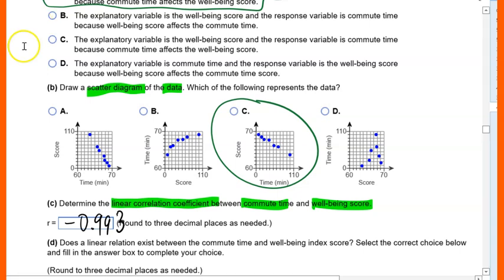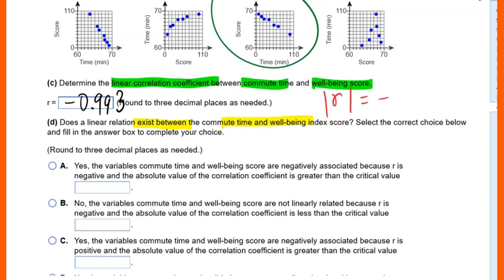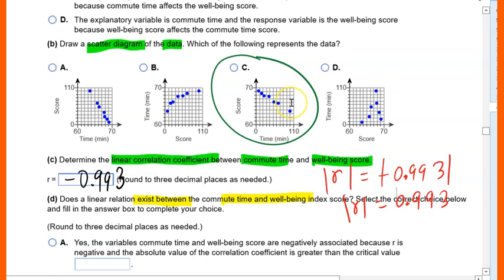Make sense? Now, does a linear relationship exist between the commute time and well-being score? That's the last part of the question. The answer is yes, because we have to check the absolute value of R first. The absolute value of negative 0.993 is 0.993. But what's the critical value?